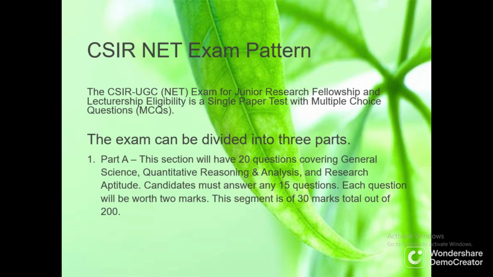Part A: in this section there will be 20 questions covering general science, quantitative reasoning, analysis and research aptitude. The candidate must answer 15 questions. Each question is worth 2 marks. This section is 30 marks total out of 200.